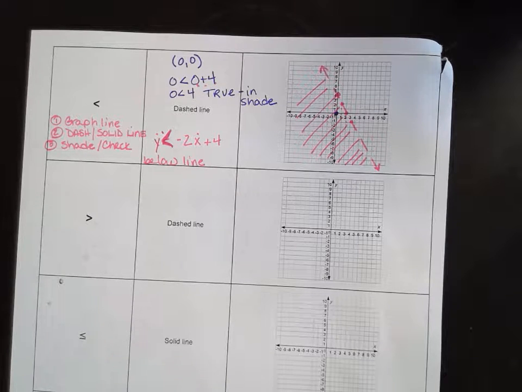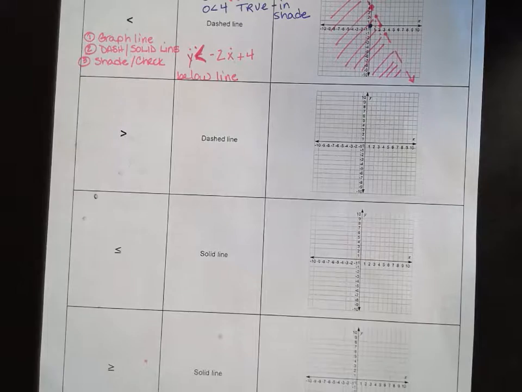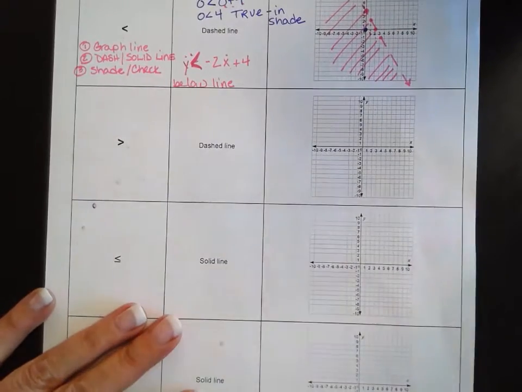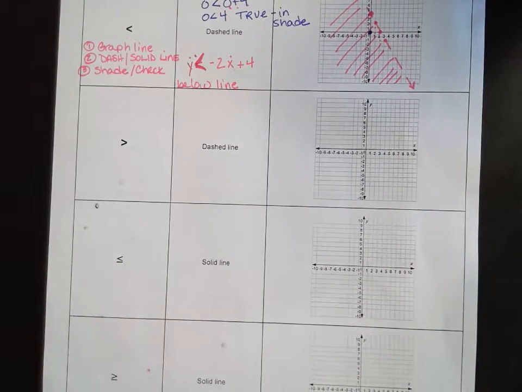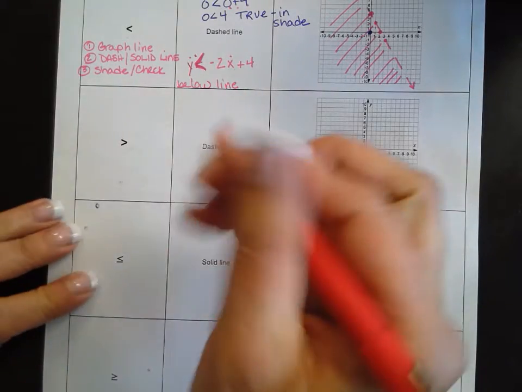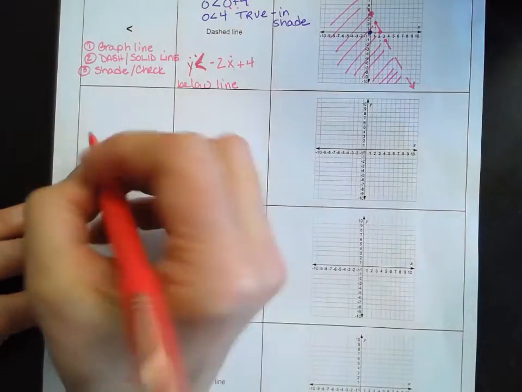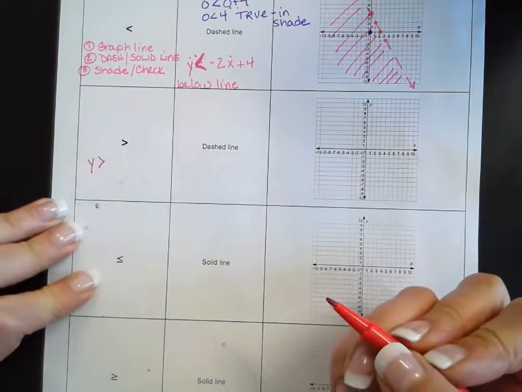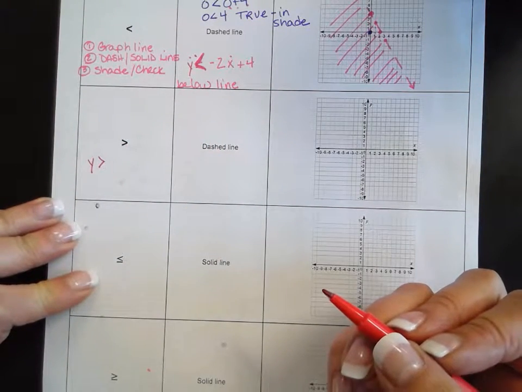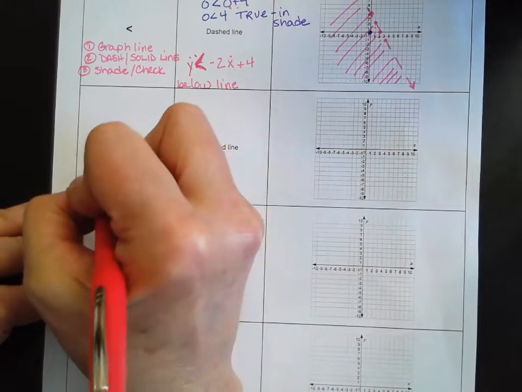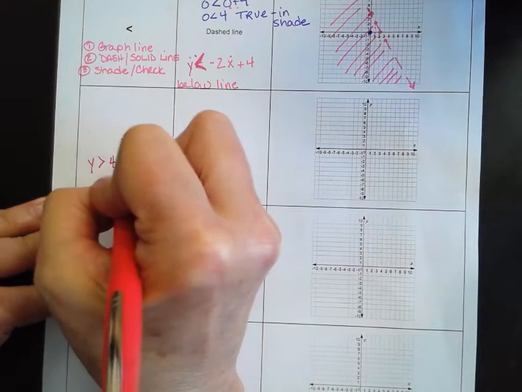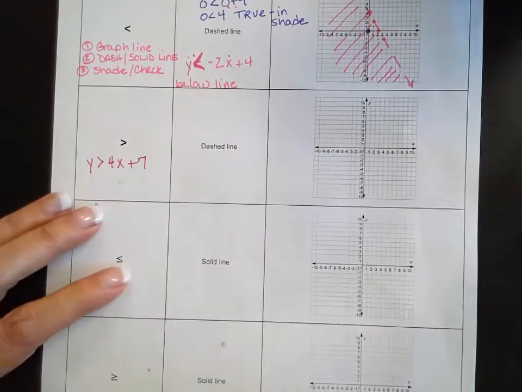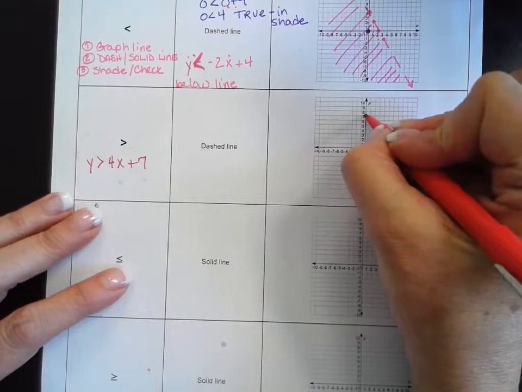Okay? All right, let's do greater than. All right, if it's greater than, let's say y is greater than 4x plus 7. Say what? 4x plus 7. Okay. So I start at 7.